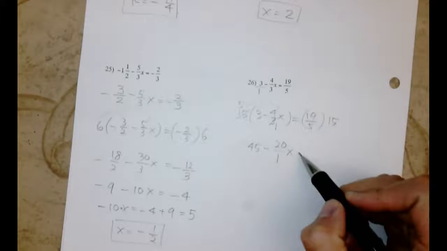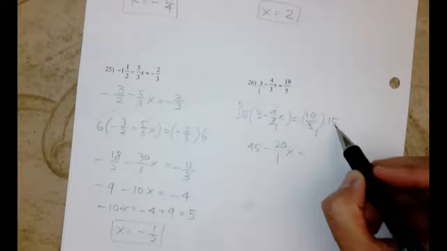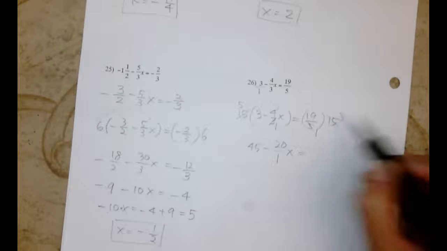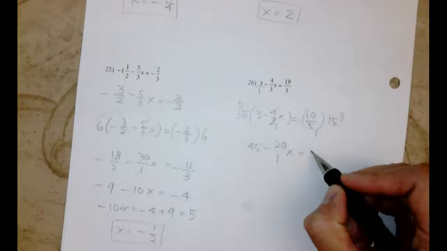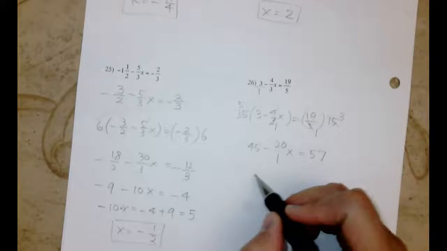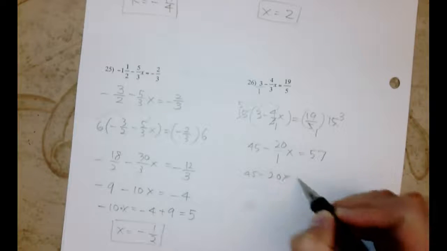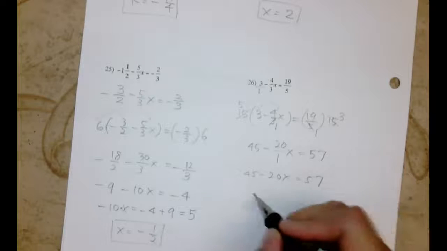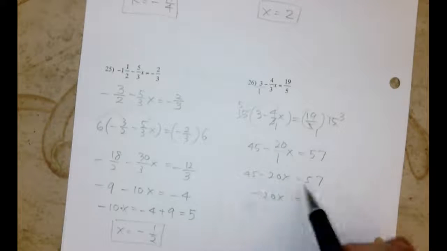x. And I do the same thing here. This is going to be 1, and how many 5's in here? There are 3. Okay, so 3 times 19 is 57. Okay, so then this is 45 minus 20x equal to 57. So minus 20x equal, you subtract 45 from both sides.